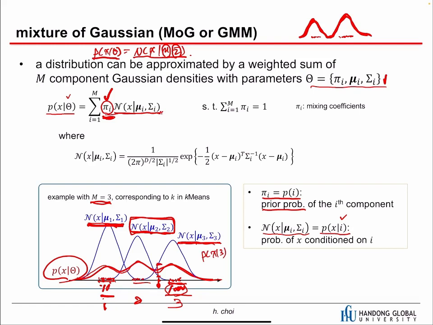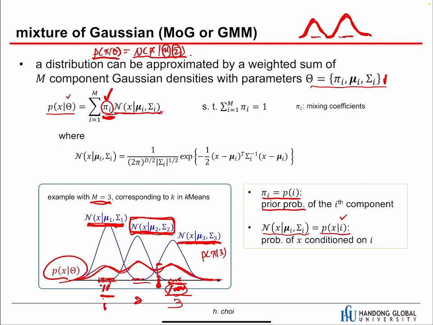So in this case, this point can belong to the third component, but at the same time it can belong to the second component, with a different probability. This is a little different from k-means.